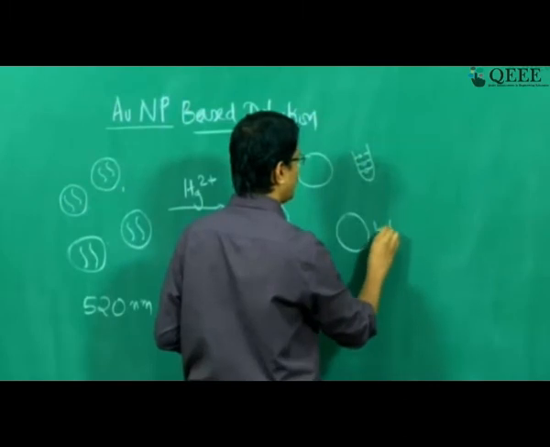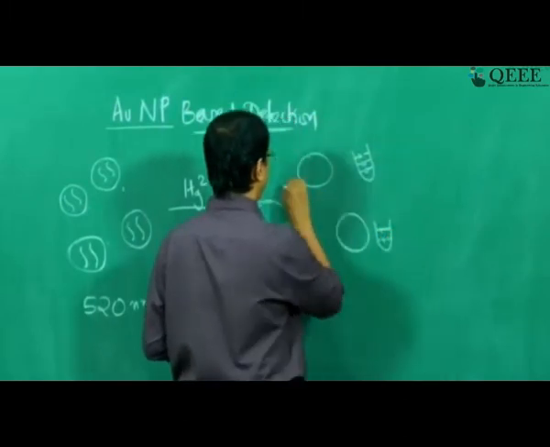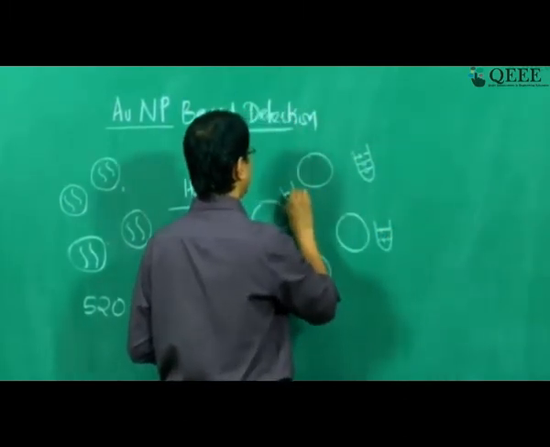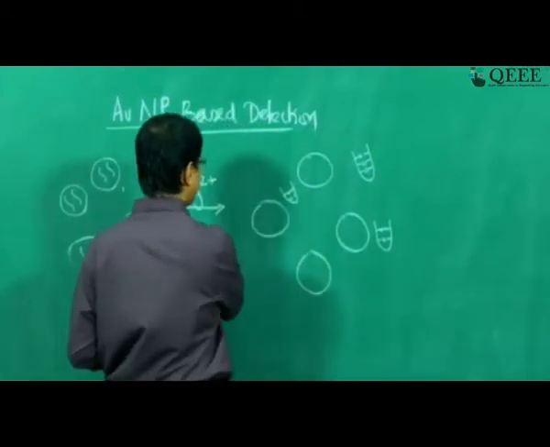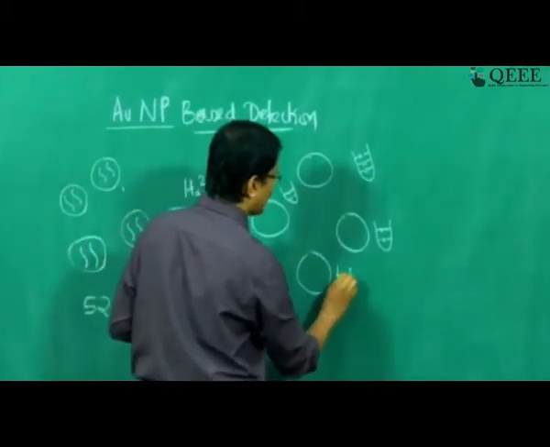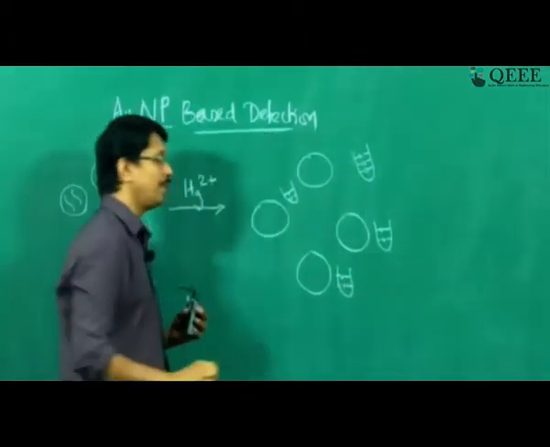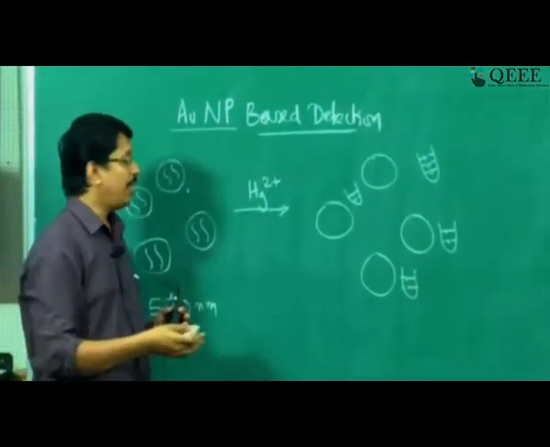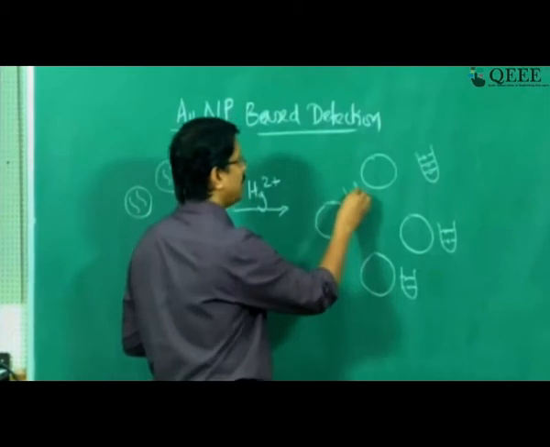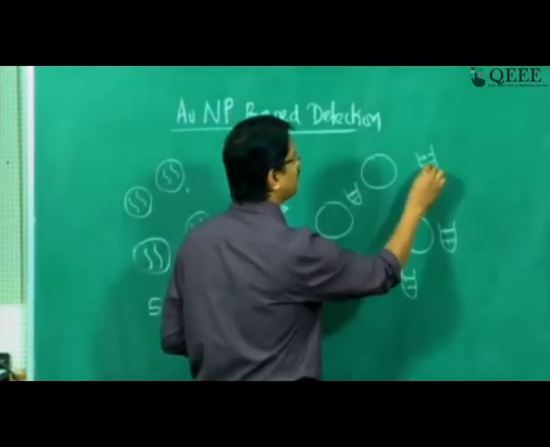So basically each of the single strands on the gold nanoparticle becomes double strand by interacting through the mercury. This dot is nothing but mercury.